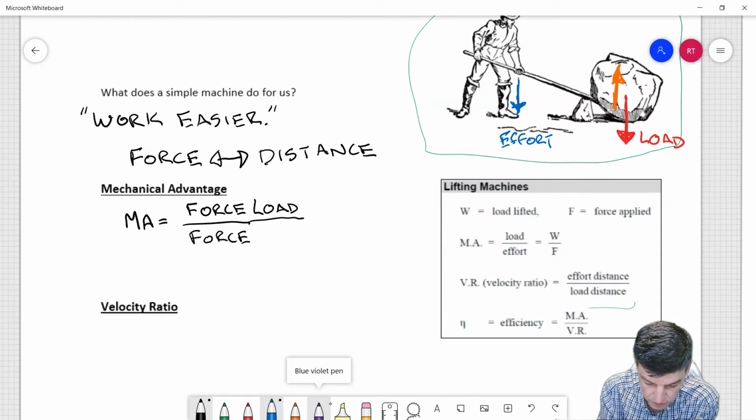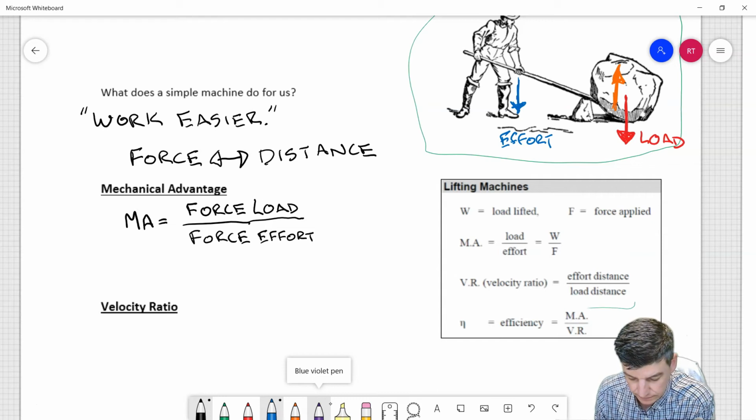So force of the load compared to force of the effort. And so what I have is a ratio, and as I said, mechanical advantage is always going to be above 1. It's a measure of the amplification or the multiplication of the forces in my machine.